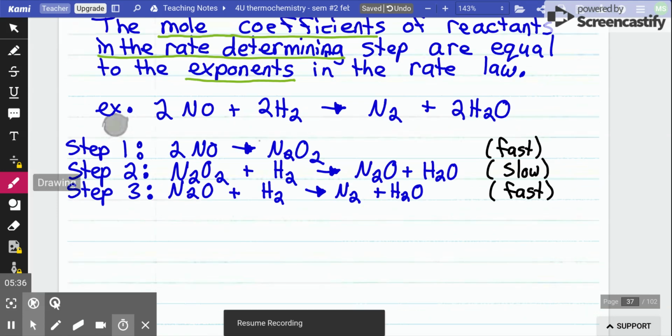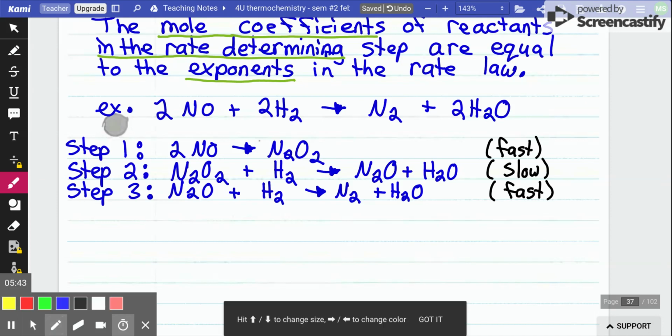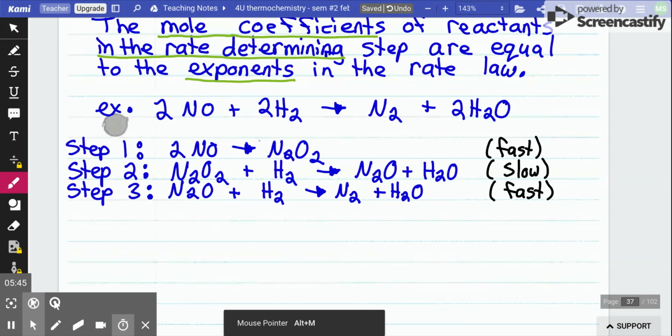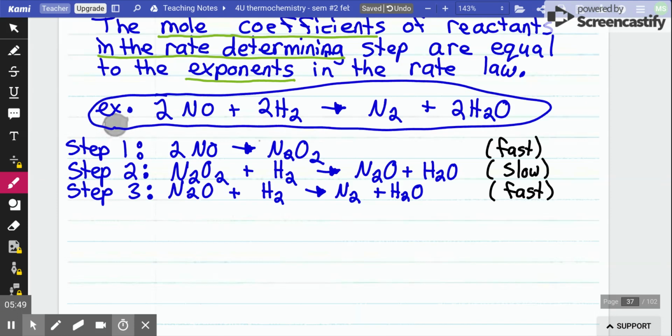So we look at our example here. We have our overall reaction up here, and we have 3 elementary steps. And so our goal is to get a rate law equation. We know that our rate law equation is going to be R equals K, and then something after that.